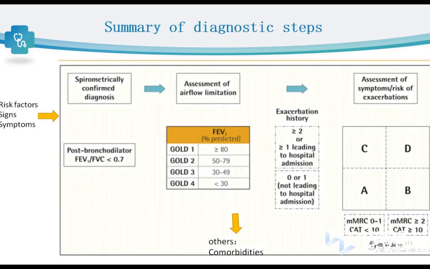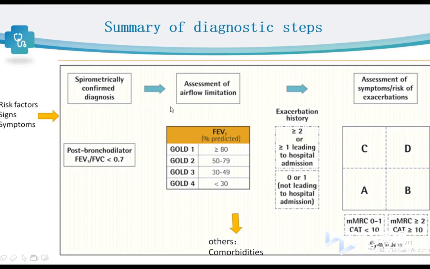Here is the summary of the diagnostic steps. Firstly, according to the risk factors, signs, and symptoms, we can suspect COPD. And then, according to the FEV1 over FVC less than 70% in the spirometry, we can confirm the diagnosis of COPD.